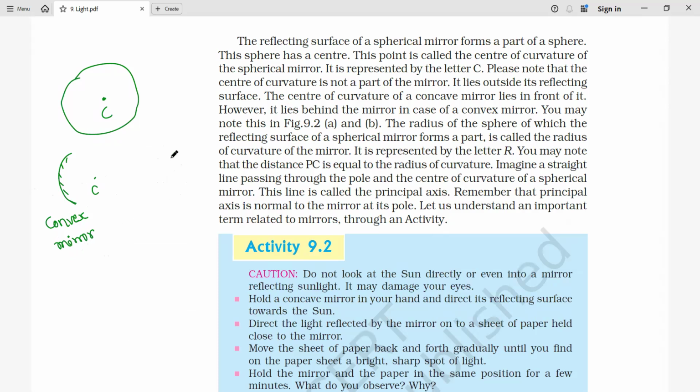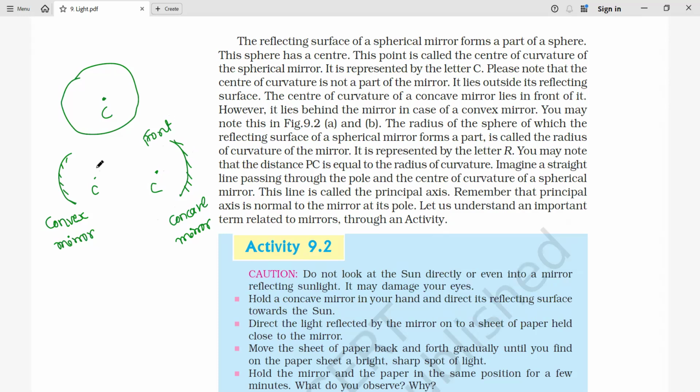Whereas if we talk about the concave mirror, that polished surface is this one and the reflecting surface is caved in. So it has the center of curvature in front. Okay, this is the concave. For the concave mirror, where is the center of curvature? In front of the mirror.